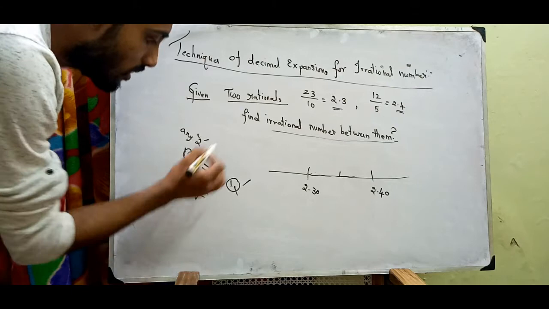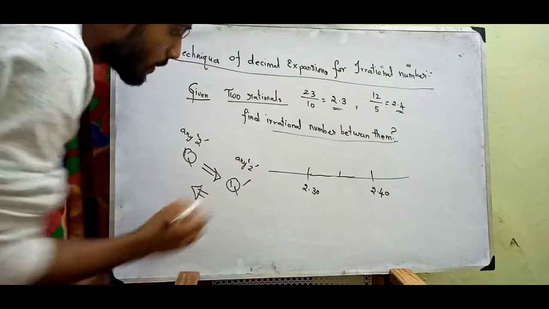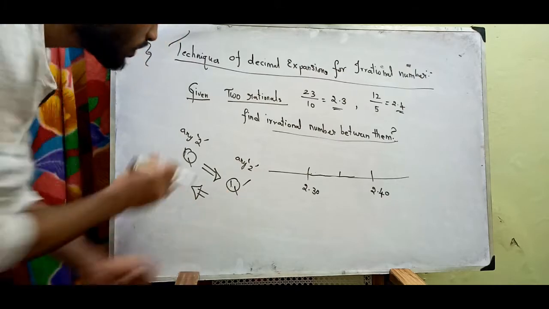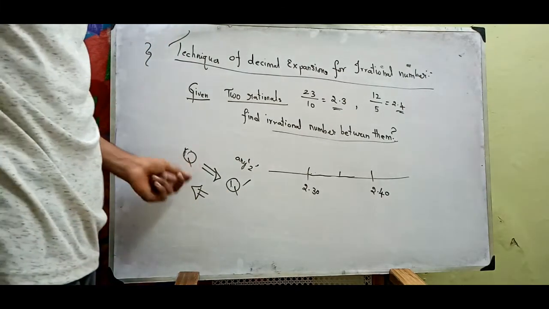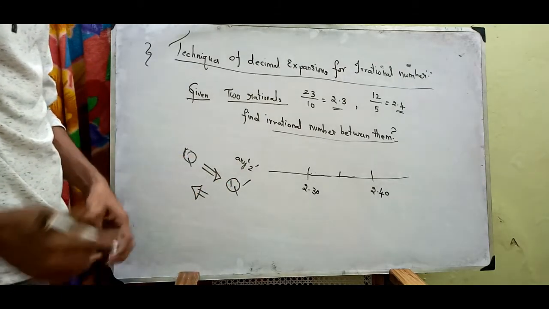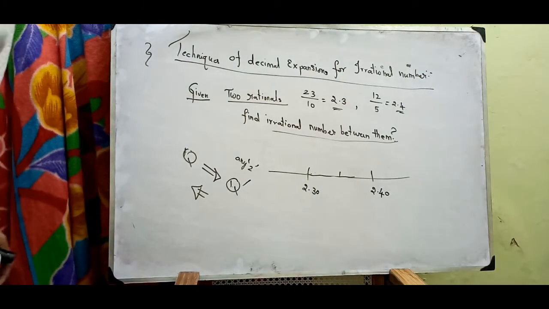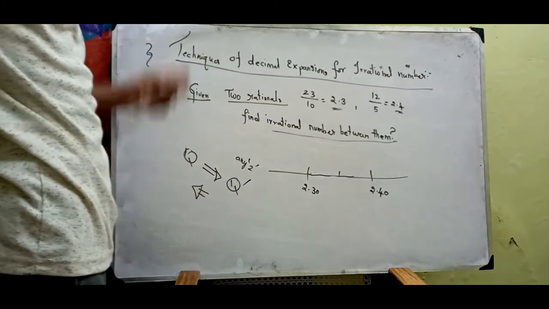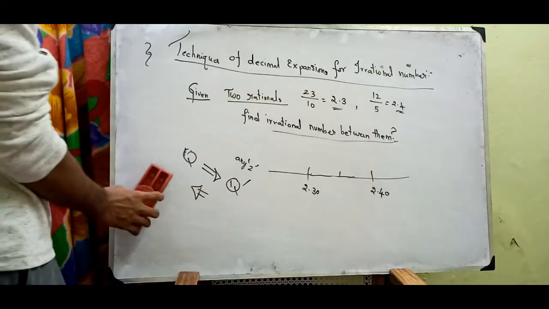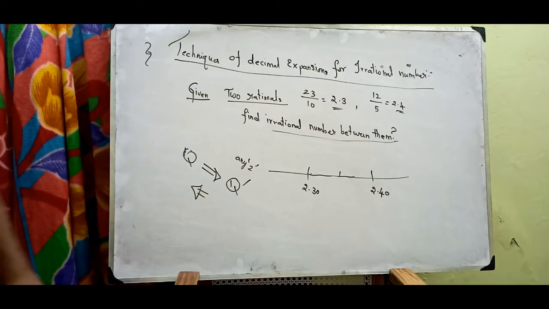The question can also go the other way: if any two irrational numbers are given to you, you can find infinitely many rationals in between them. So this is the way of knowing rationals and irrational numbers. If you know these techniques, we can easily go on to real numbers too, because that is the base of chapter 2.